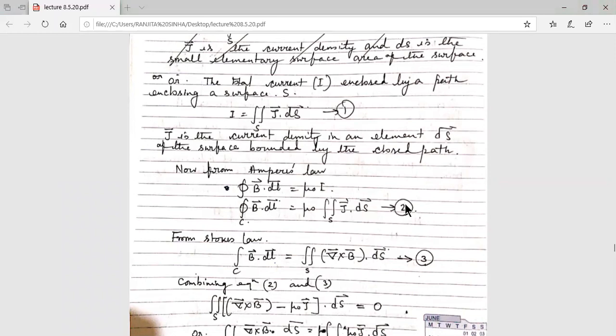So we are considering equation 2, and in the left hand side of equation 2, B dot dl is replaced by surface integration of curl of B dot ds. And this portion, mu 0 into surface integration J dot ds, is kept in the left hand side.